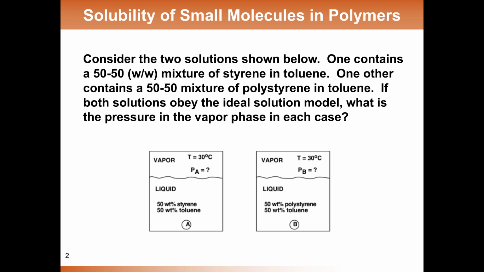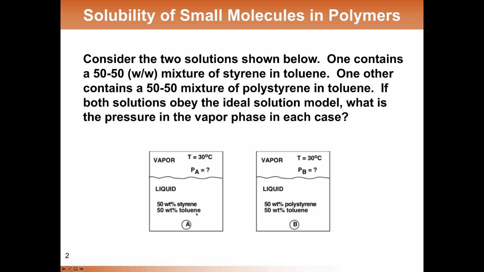And we'll point this out with a system that is shown down here. So we'll have on the left, a mixture of 50 weight percent styrene and 50 weight percent toluene.